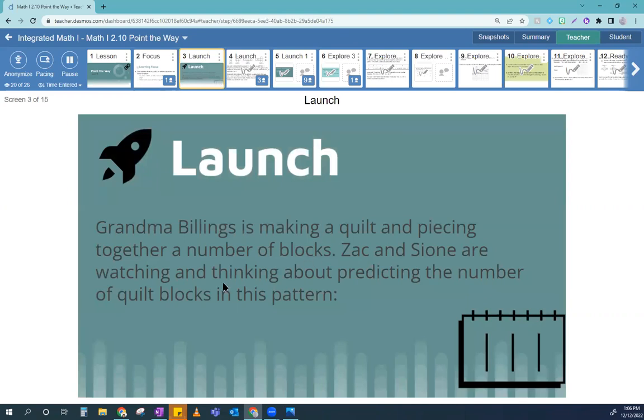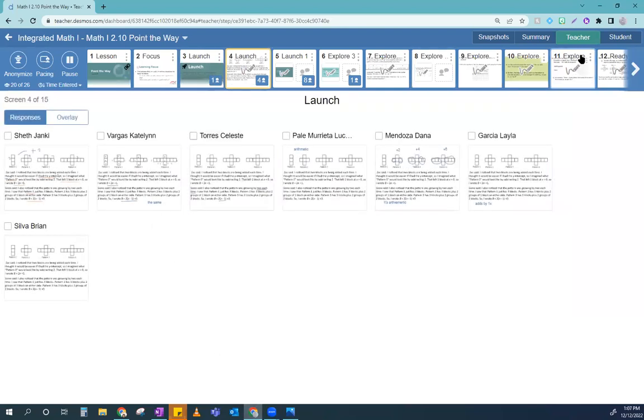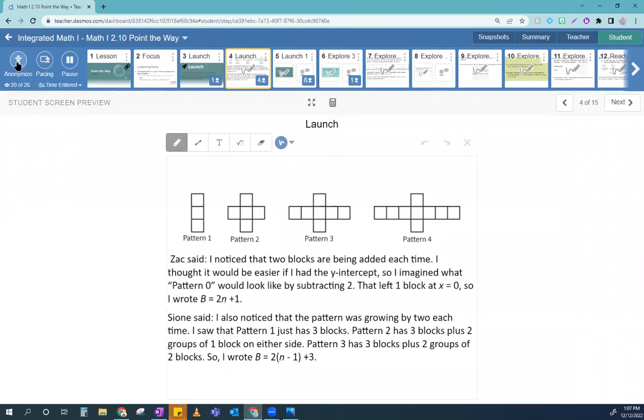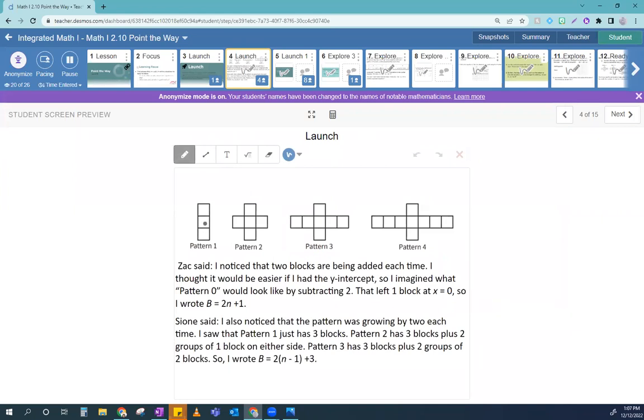All right, let's go. It says, Grandma Billings is making a quilt and piecing together a number of blocks. Zach and Sion are watching and thinking about predicting the number of quilt blocks in this pattern. So here's the pattern. It goes this, and then this, and then this, and then this.